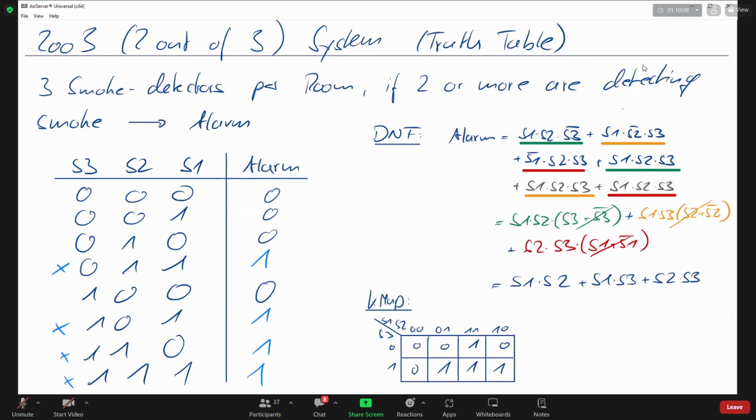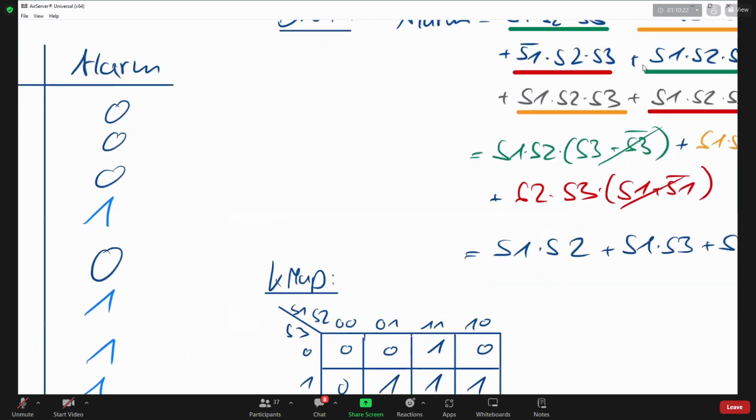And now I'm combining them in the same manner. So S1, S2. Let me enlarge a bit.